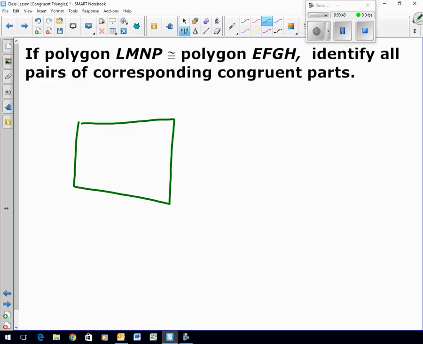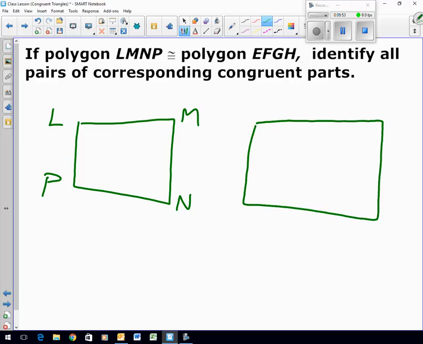It's not very good. But Tyler, as long as I label this LMNP, correct? And then I come over here and draw another picture that is supposed to be the exact same, not the exact same, and label it EFGH.